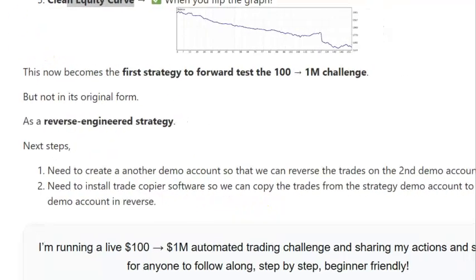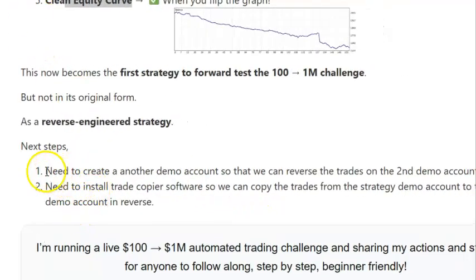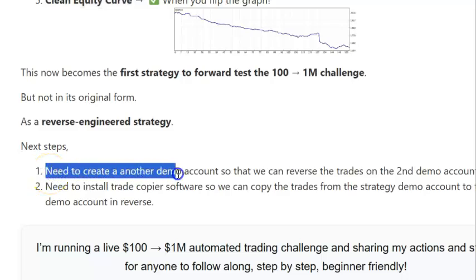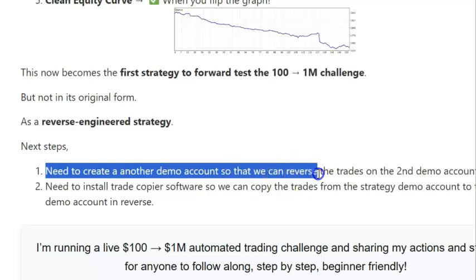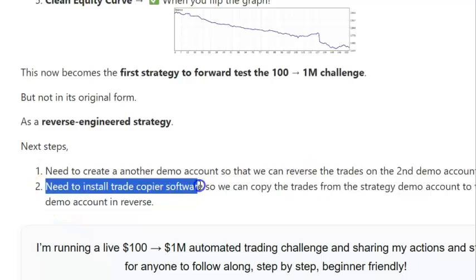The next step is we need to set the reverse strategy system up. We need to create another demo account in addition to the first one we've already created, and then install some trade copier software to facilitate copying from the original demo account, which is going to have the strategy, the robot, on there.